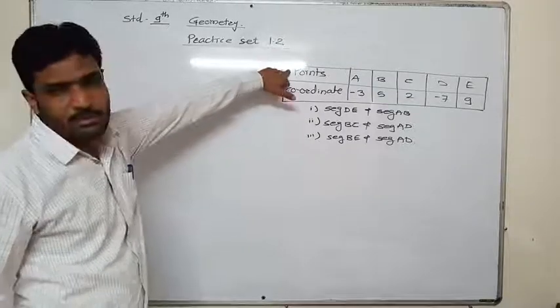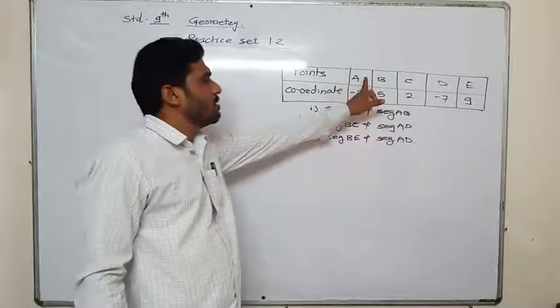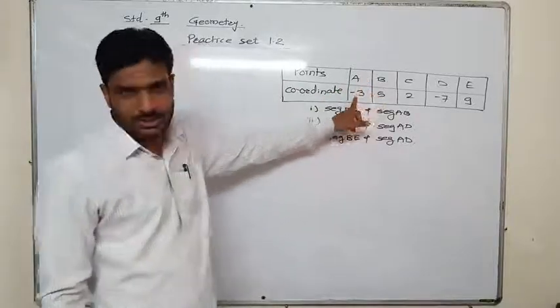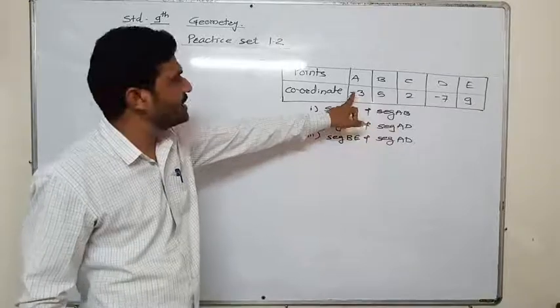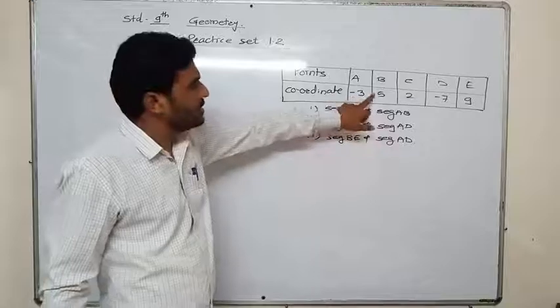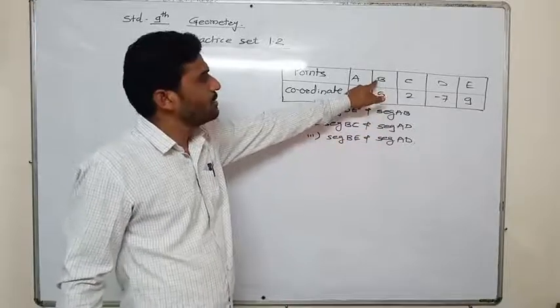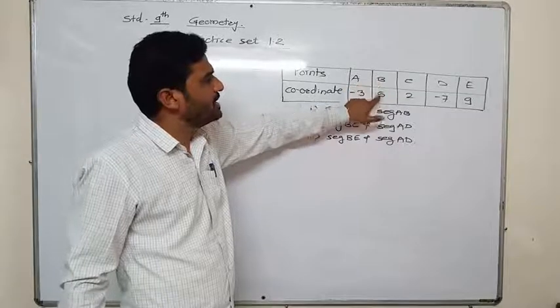They give points and also the coordinates of the points. Here the coordinate of point A is -3. We have learned how to read it. The coordinate of point B is 5.